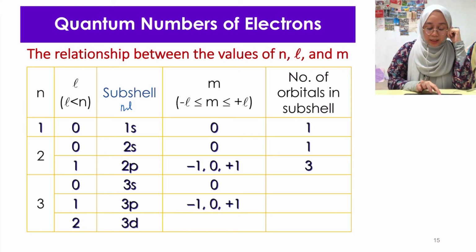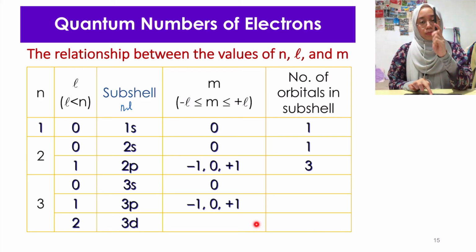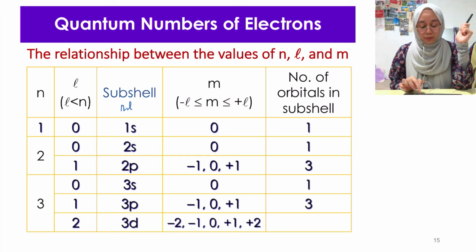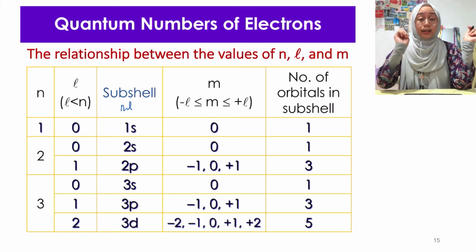Bermaksud dekat sini kita ada negative 2 sampailah positive 2. Please, jangan lupa sign. Okay, please keep the sign. Kalau negative, negative. Kalau positive, positive. Jangan malas tulis sign. So, make sure kamu letak sign dia. Okay. So, kalau untuk number of orbitals, 1 and 3 untuk 3S and 3P. And then 3D, kita ada 1, 2, 3, 4, 5. Therefore, ada 5 orbitals.